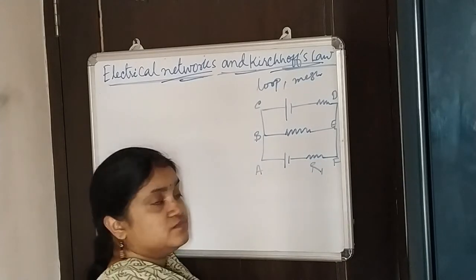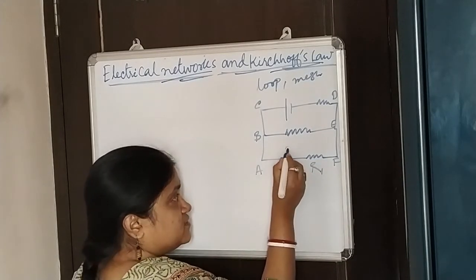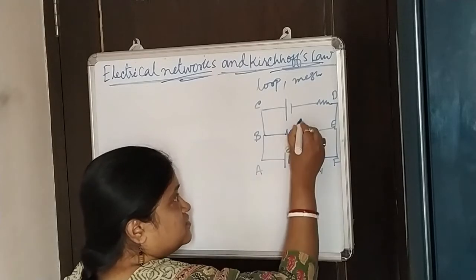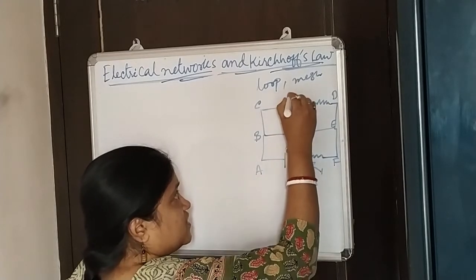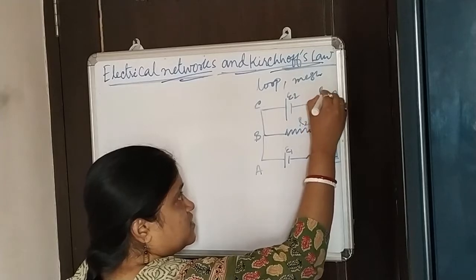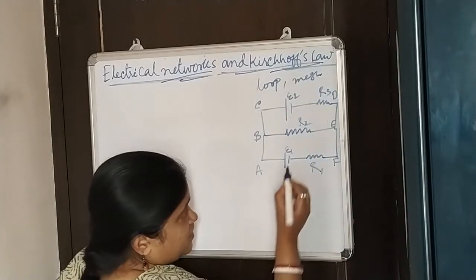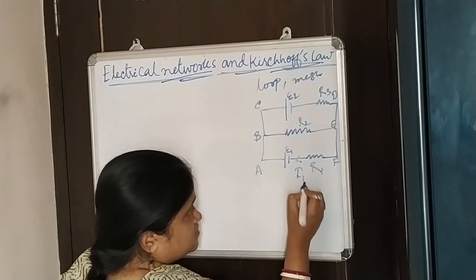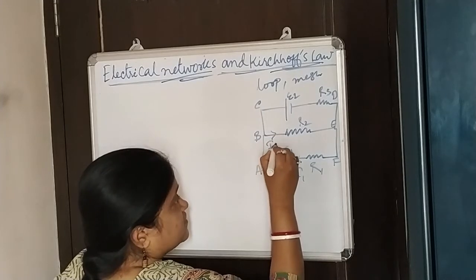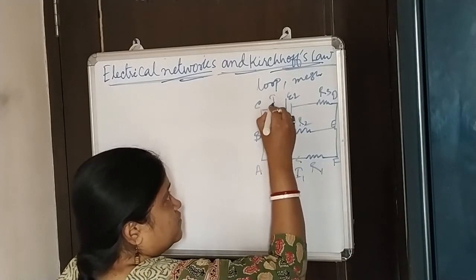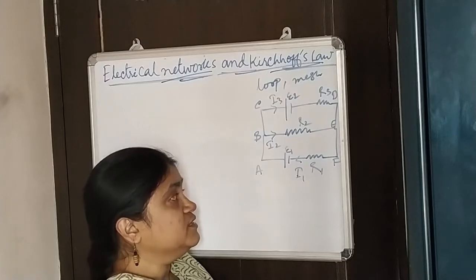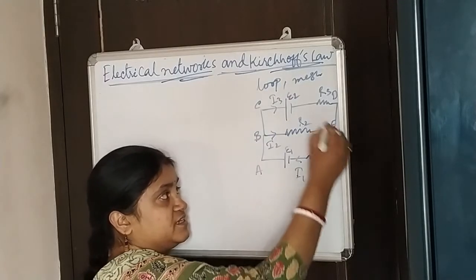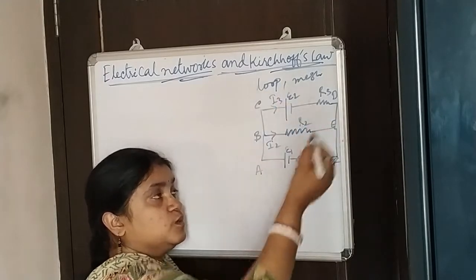This is a cell and it has an EMF E1. This is R2. This has EMF E2. This is R3. Suppose current I1 is flowing like this, I2 is flowing like this, I3 is also flowing like this. In such a case, you see there is a loop, there is a closed connection.